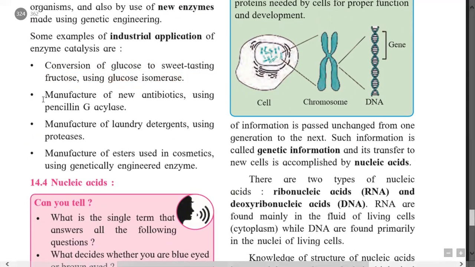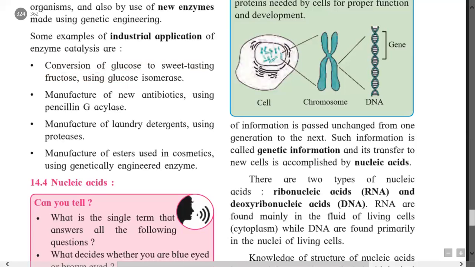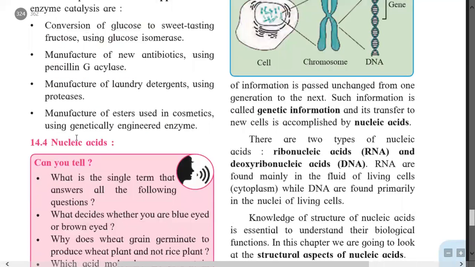Then second is manufacture of new antibiotics using penicillin G acylase. So the enzyme used here is penicillin G acylase. Then manufacture of laundry detergents by using protease enzyme. Then manufacture of esters used in cosmetics using a genetically engineered enzyme.